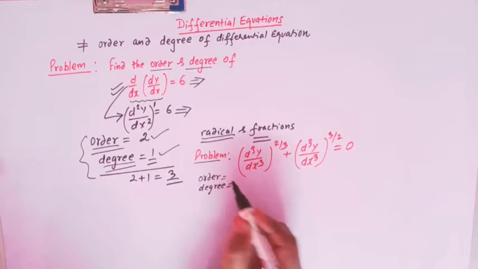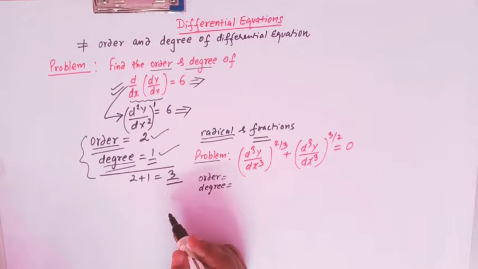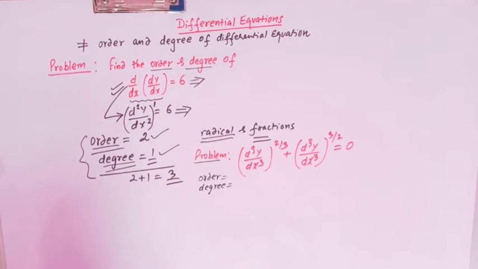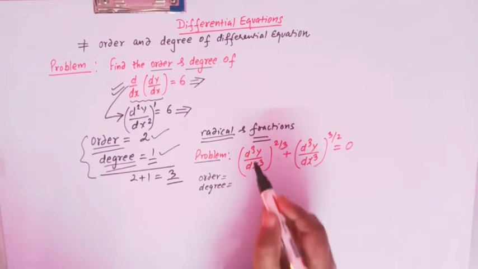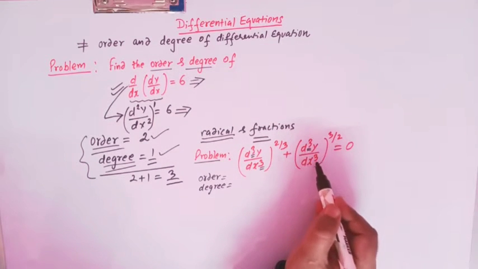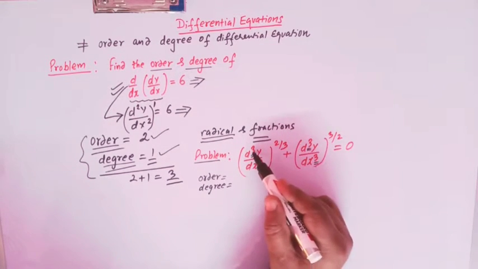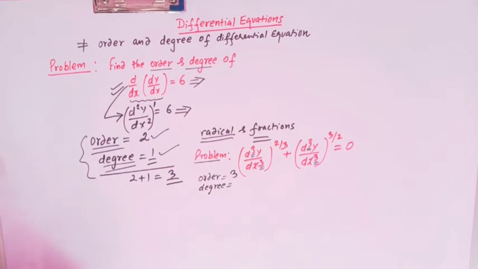What is the definition of the order of a differential equation? The order of the differential equation is the highest order derivative occurring in the differential equation. So here the highest order derivative is obviously 3, so the third derivative occurs in it, and the order is simply 3.